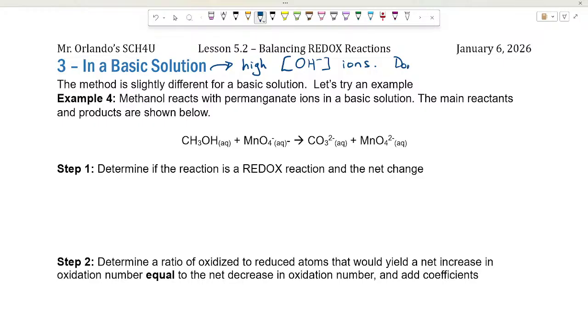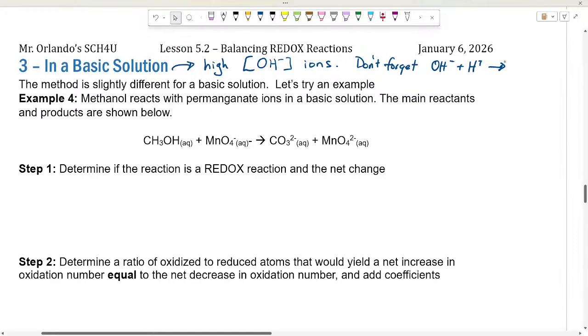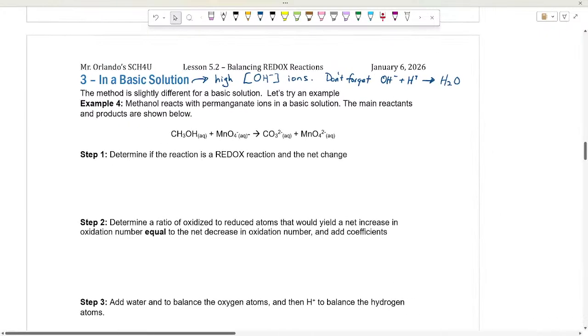Yeah, because don't forget, OH minus plus H plus will give you what? Will give you what? Very good. Very good. So let's take a look.